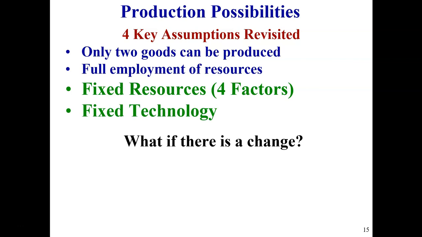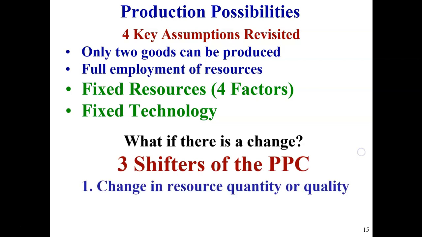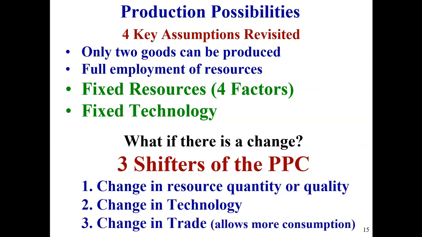What if there is a change? There's three things that can shift the PPC. One is a change in resource quantity or quality. Two is a change in technology. And three is a change in trade, which would allow for more consumption.